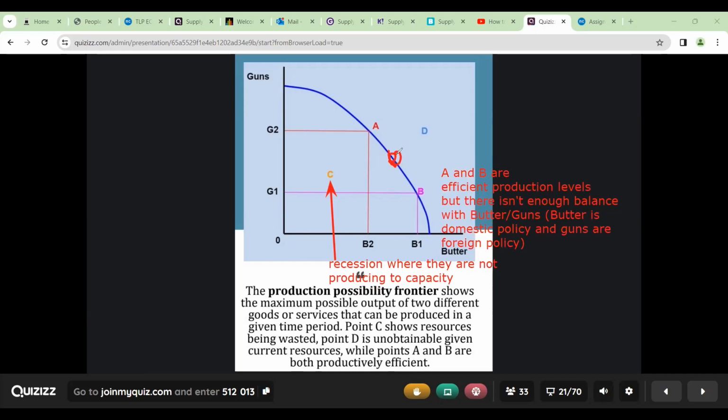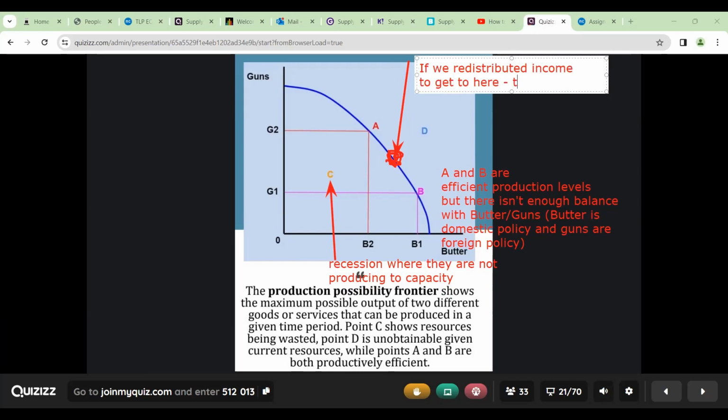So around here would provide a balance between the domestic and foreign policy. So if we redistributed income to get to here, there would be a good balance of foreign and domestic policy.